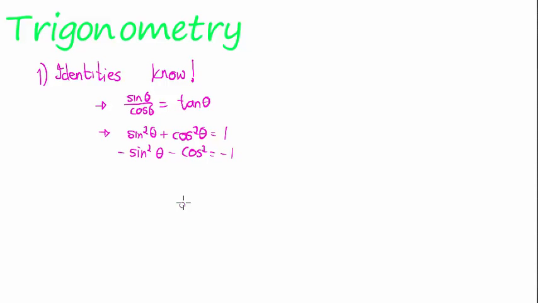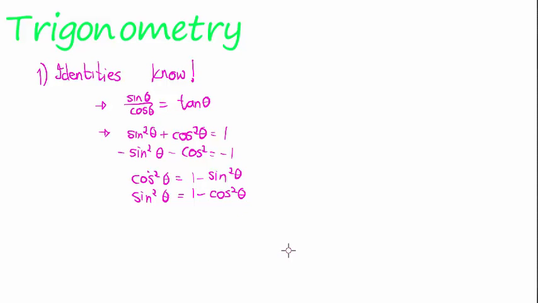Or a very common one is to say cos squared theta is equal to 1 minus sine squared theta, or sine squared theta is equal to 1 minus cos squared theta. It's just the same thing. It's an equation, you just move the terms around or subtract on the other side. Very important. You need to know these, but you guys do because they're simple.